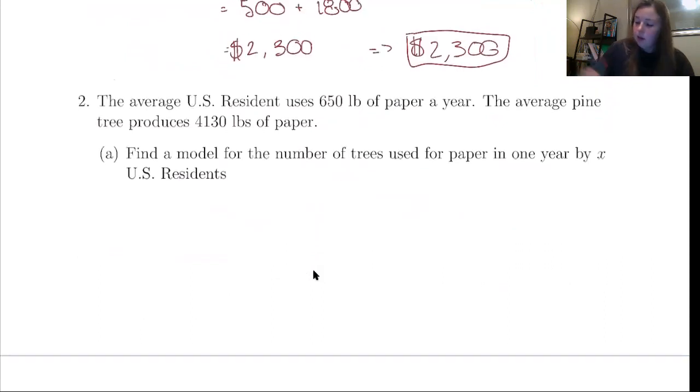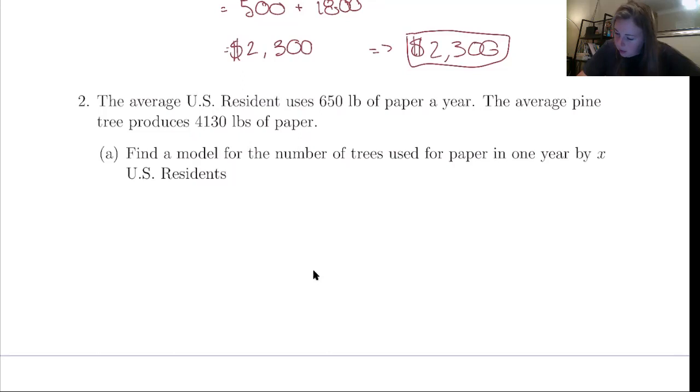All right. This one's a little difficult. So this is kind of what I was talking about, the unit conversion. The average US resident uses 650 pounds of paper a year. Each person uses that many pounds of paper per year. The average pine tree produces this many pounds of paper.